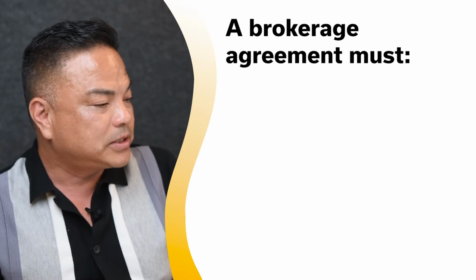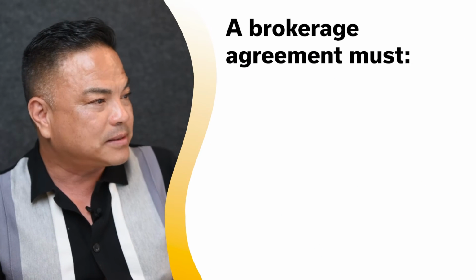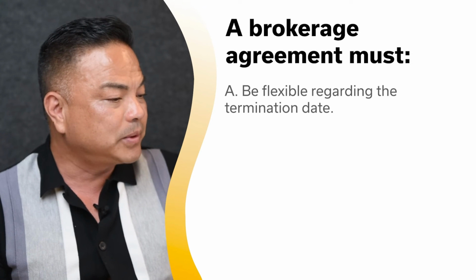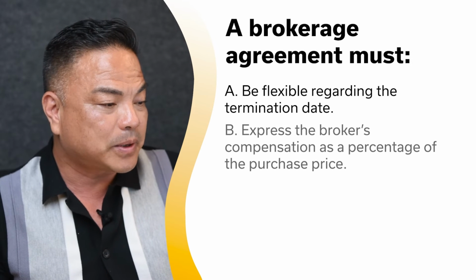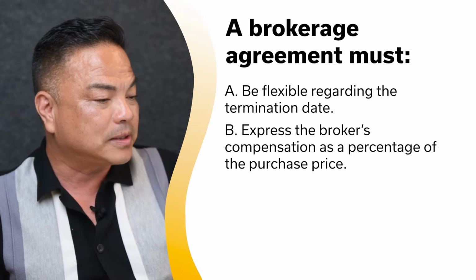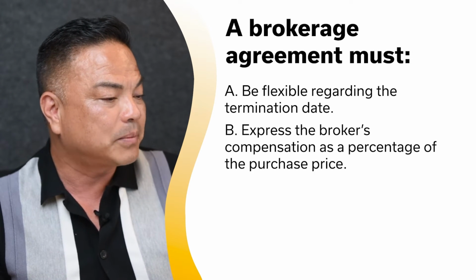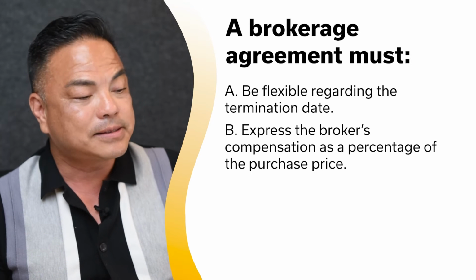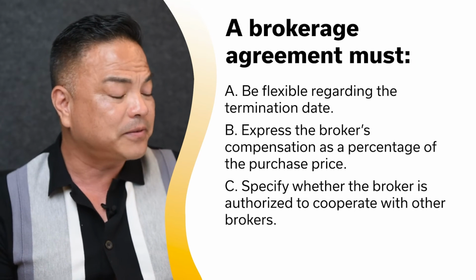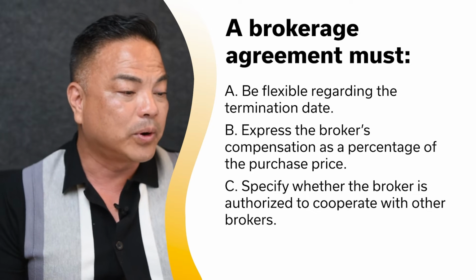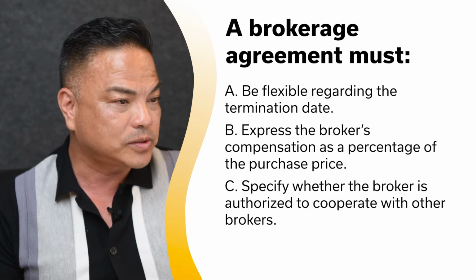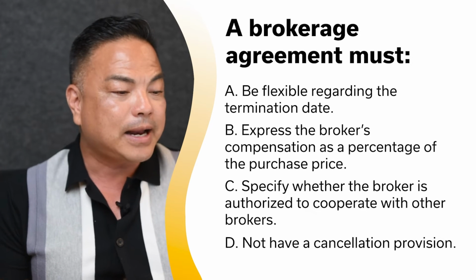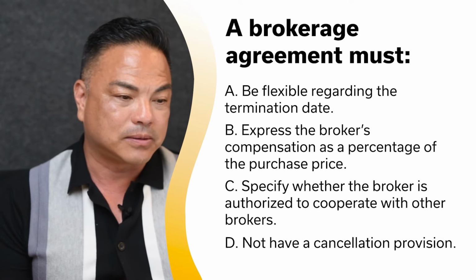A brokerage agreement must A, be flexible regarding the termination date, B, express the broker's compensation as a percentage of the purchase price, C, specify whether the broker is authorized to cooperate with other brokers, D, not have a cancellation provision.